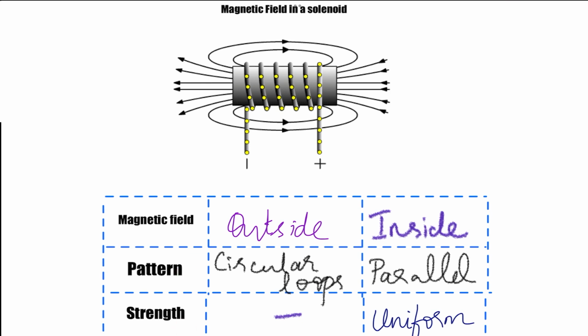The pattern and the strength of magnetic field in a solenoid. If you remember this table, you can elaborate your answer for 3 or 4 marks with the help of a diagram. And these concepts are favorite topics for the paper setter. These questions might be twisted in MCQs also.